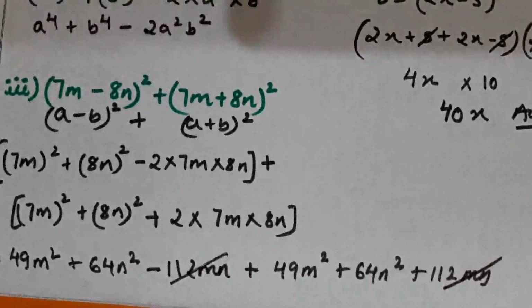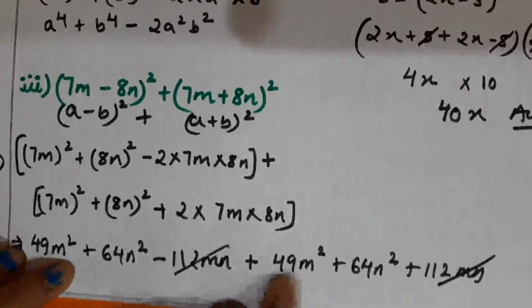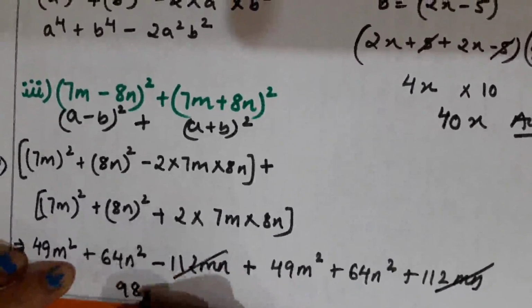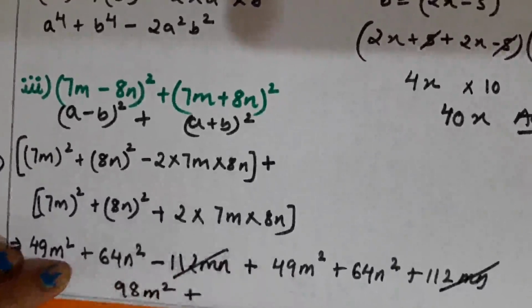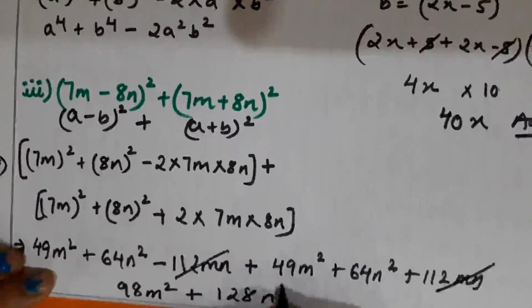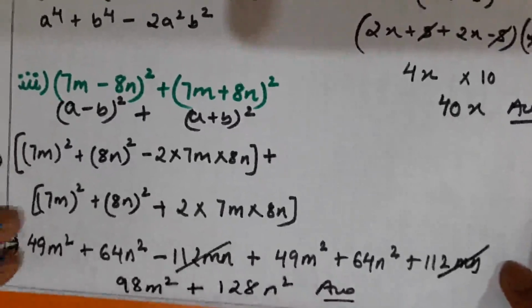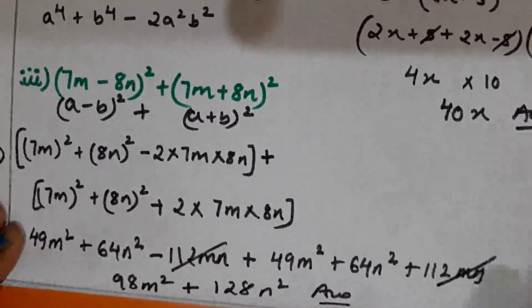You will get, add 49m square with 49m square, it gives you 98m square, plus 64n square plus 64n square gives you 128n square. So in this way you can easily simplify. Okay, now let's move to the next part.